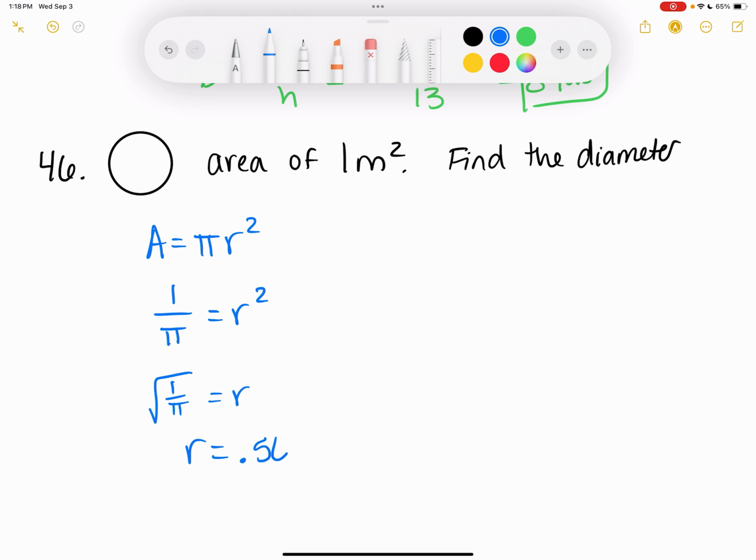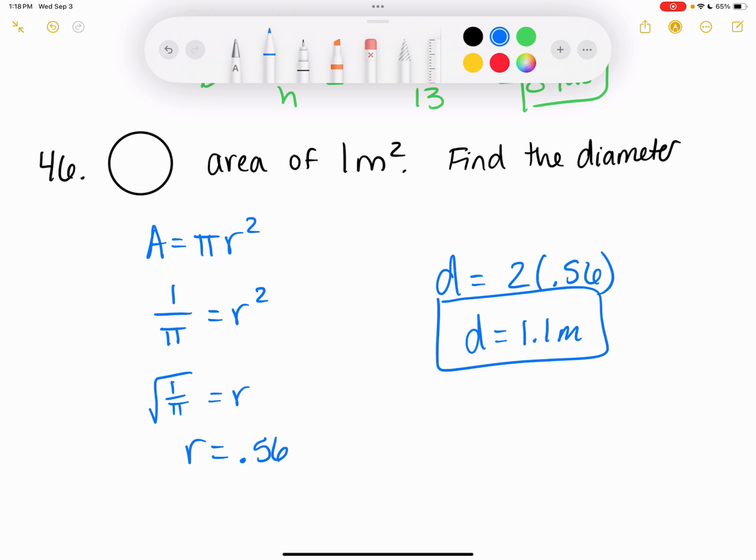Now, if I want to find the diameter, what do I need to do? Multiply the radius by 2. Yep, multiply by 2. So the diameter is equal to 2 times 0.56. And that's going to give me, rounded, 1.1. So 1.1 meters is the diameter of my circle.